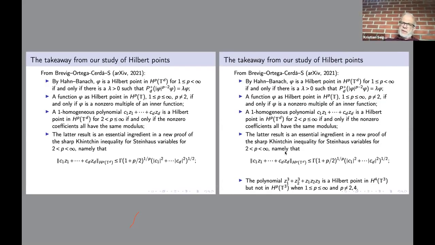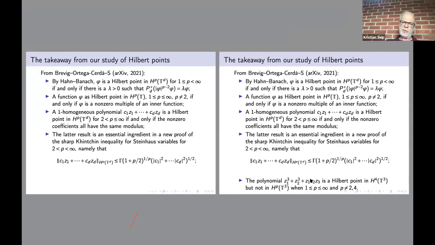And actually, this discussion of Hilbert points also leads to a new proof of the Khinchin inequalities in a certain range of the powers involved for so-called Steinhaus variables. And the third point, the last point here, is that there are Hilbert points beyond the one homogeneous polynomials.